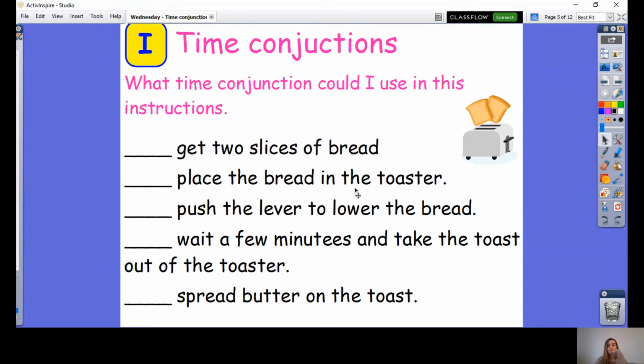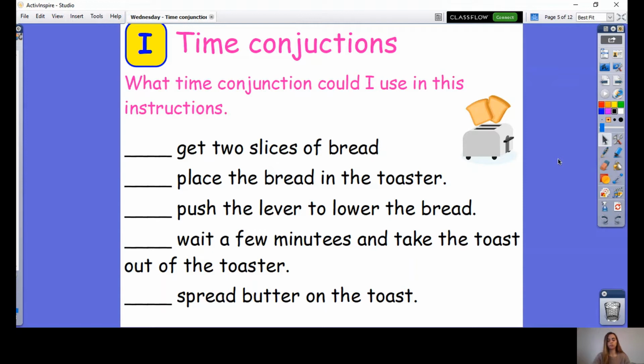Place the bread in the toaster. Push the lever to lower the bread. Wait a few minutes and take the toast out of the toaster. Spread butter on the toast. Pause the video and think, what time conjunctions could we have to order our instructions?